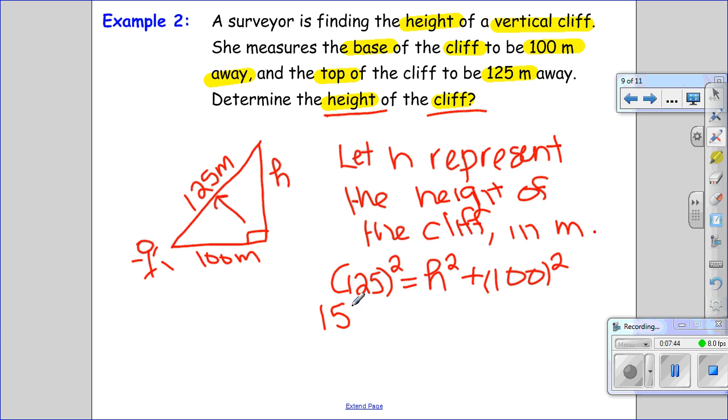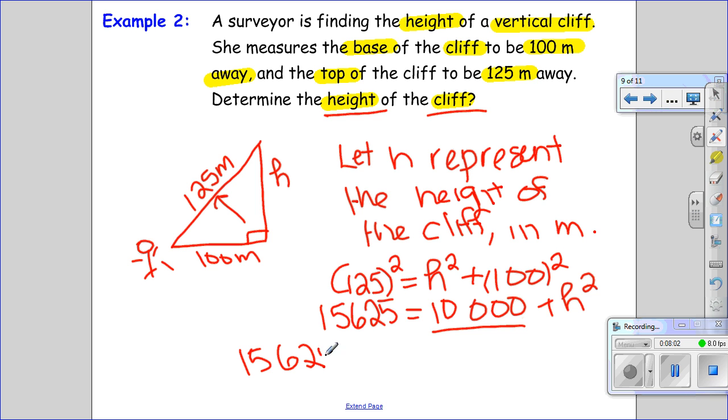And then if we use our handy-dandy calculator, we get 15,625 is 10,000 plus H squared. And I need to get the 10,000 to move from the right side of my equation to the left side. And I do that by subtracting it from both sides of the equation.